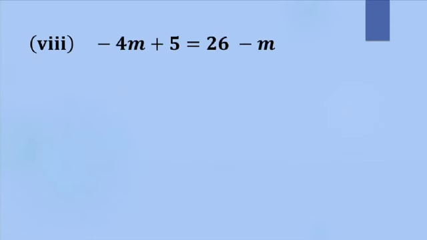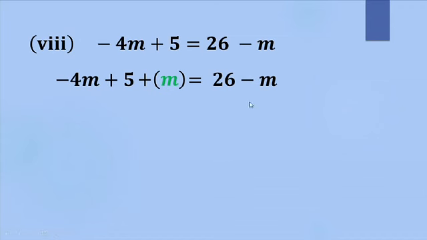Next one, minus 4m plus 5 equal to 26 minus m. So here you can see that we have the unknown m on both sides of the equation. So I need to send all the unknowns on one side only. So what I will do, I will add the additive inverse of minus m, which is m, to both sides of my equation.